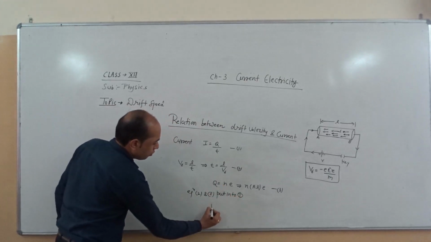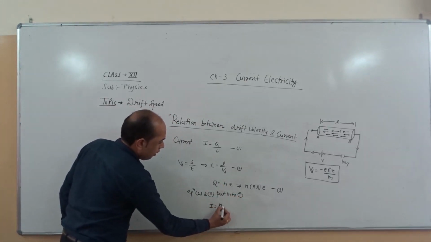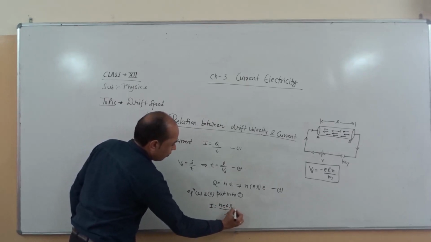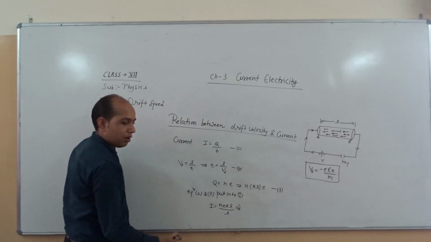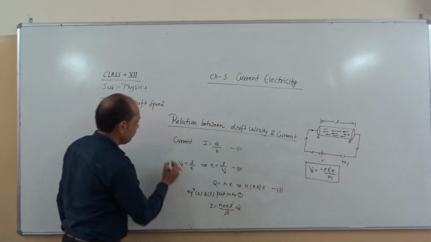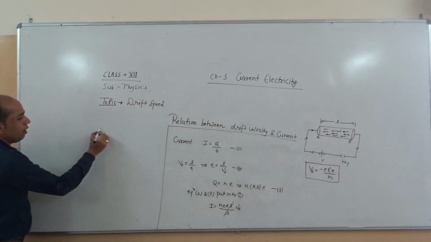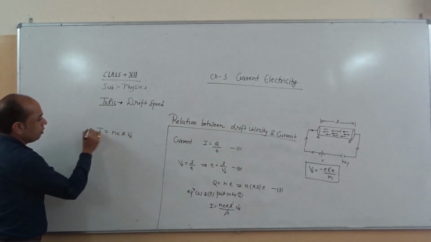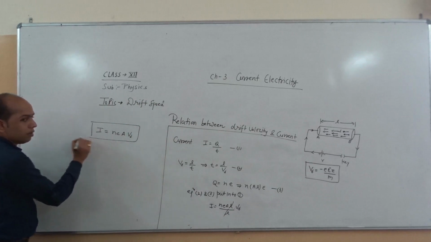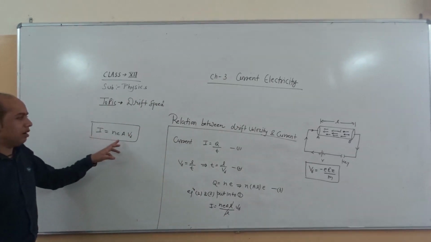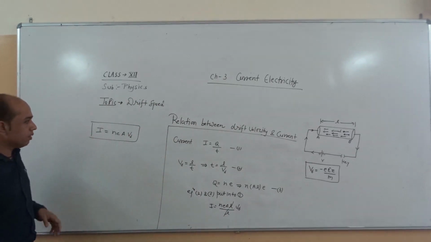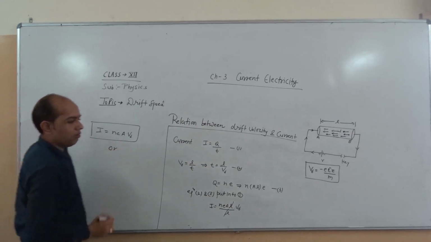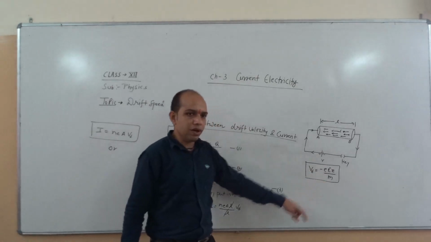So I = neAL divided by L/Vd. Now L and L cancel out, and we get I = nAeVd. So this is one of the important expressions between current and drift velocity. And as we know, drift velocity Vd = eEτ/m.